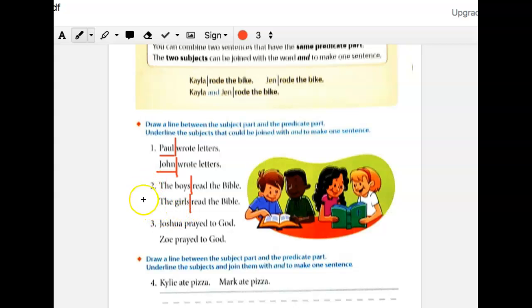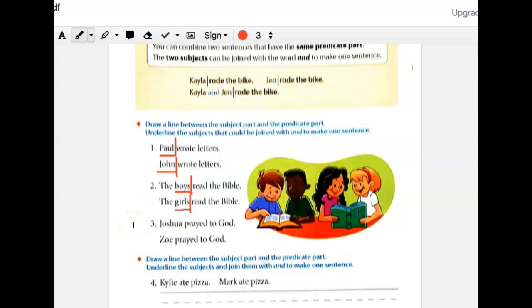Then what are the subjects of the first sentence and the second sentence? The subject of this subject part is boys. And the subject from this sentence is girls. And we can combine the two sentences by combining the subjects. The boys and the girls read the Bible.